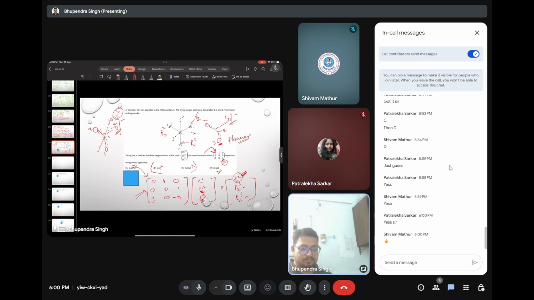Okay, so tell me, is this C3Z transformation matrix the same as this matrix? Yes or no? Answer.